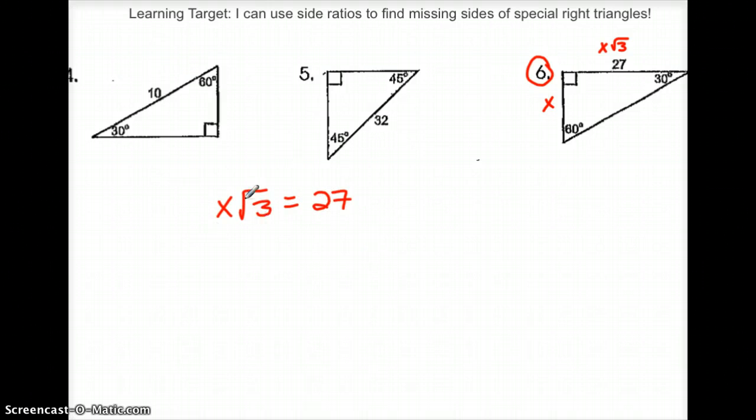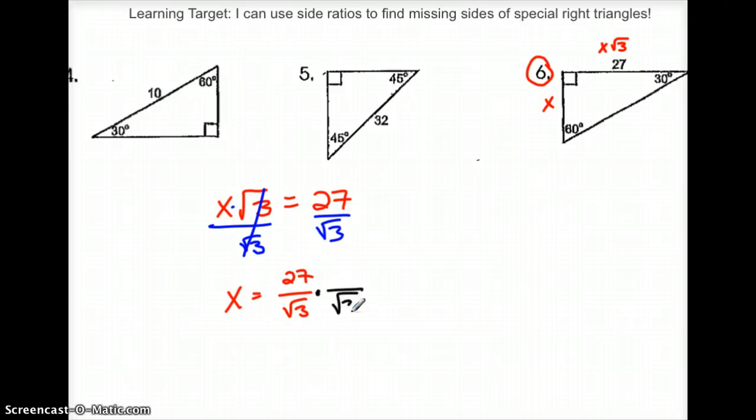Okay, so it's kind of like the one I just showed you, except instead of a radical 2, we got a radical 3. X and radical 3 are multiplied because you know I'm trying to get x by itself. So to break that multiplication, I'm going to divide by square root of 3. So it's going to be 27 divided by square root of 3. But again, like we've talked about, this is not proper. We need to rationalize.